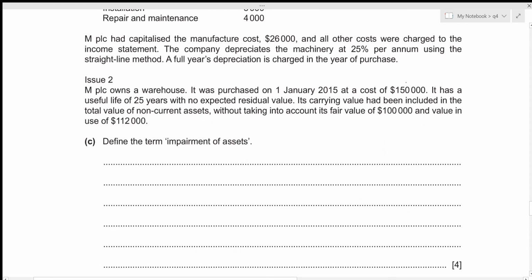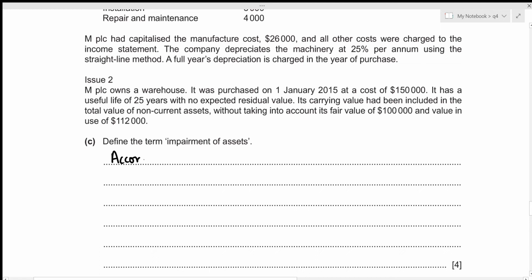First, we need to define the term impairment of assets. And we know that the impairment of assets is covered in International Accounting Standard 36, right? And it defines that an asset is impaired when the carrying amount of the asset is greater than its recoverable amount, right? So let's write it down.